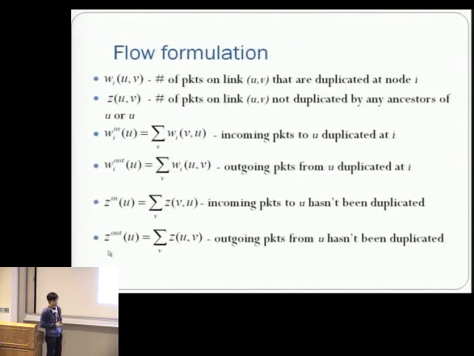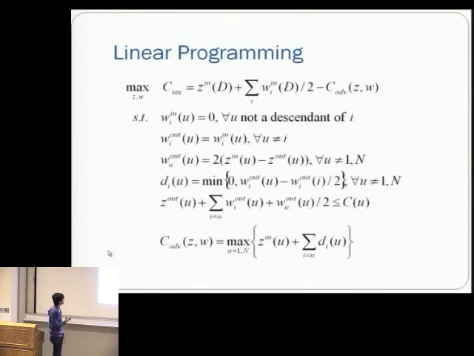Okay. So we can formulate a linear program to find the max rate that can be achieved by this algorithm. The objective is like this. Z_D is the packet that D receives that hasn't been duplicated.